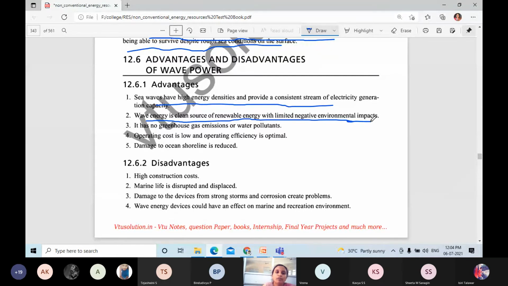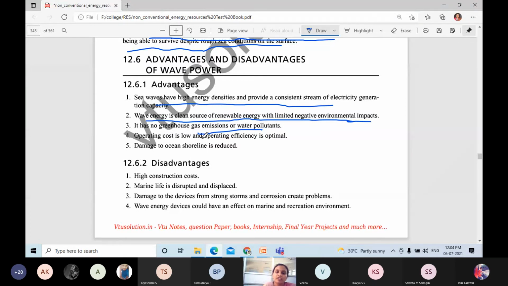What output do we get? We get electricity. We don't get any chemical output. It has no greenhouse gas emission or water pollutants.